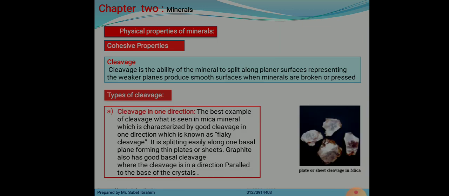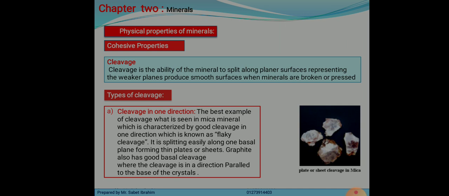What are the types of cleavage? Types of cleavage may be cleavage in one direction. The best example is seen in mica minerals, which are characterized by good cleavage in one direction, known as flaky cleavage.